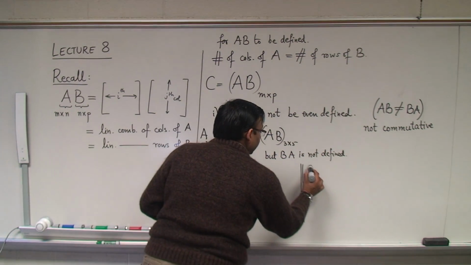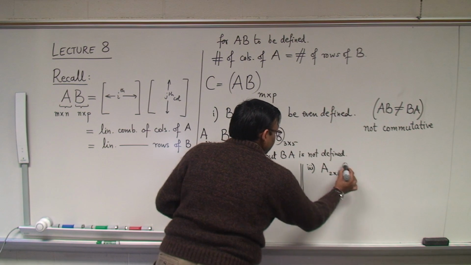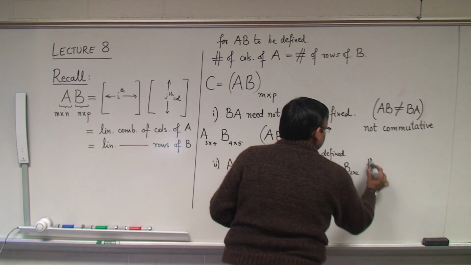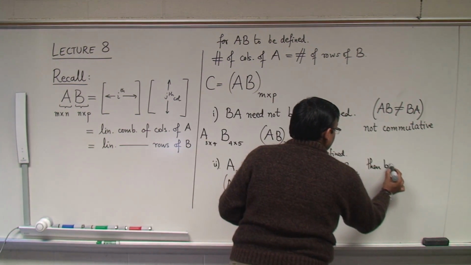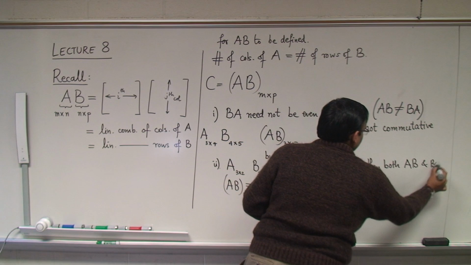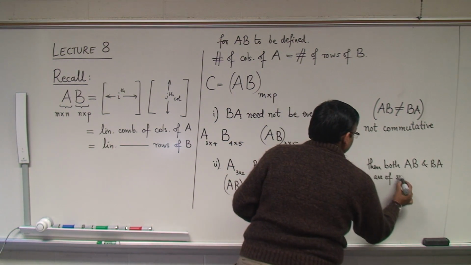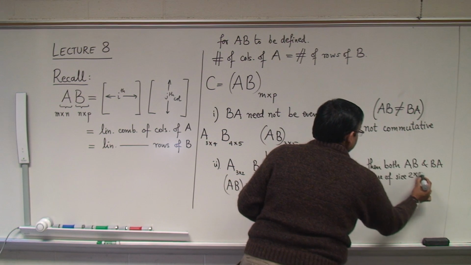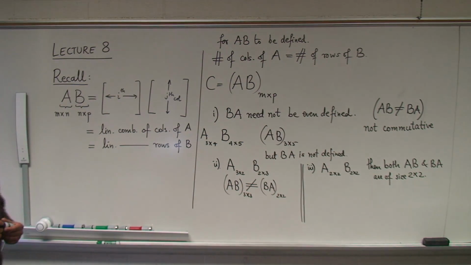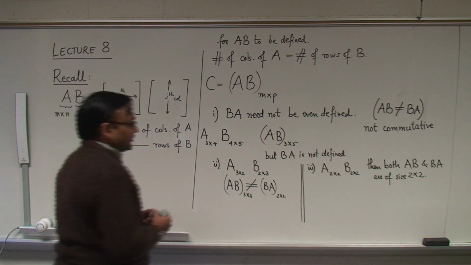So let's try a scenario. Say A is of size 2 by 2, B is also of size 2 by 2, then both AB and BA are of size 2 by 2. So at least this time there is no disparity in the sizes. Can it still happen that A times B need not be the same as B times A?